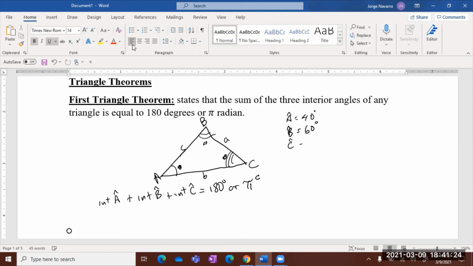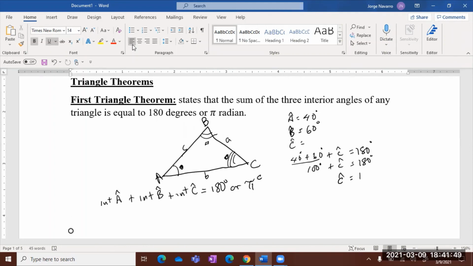Then we need to find angle C. We know that 40 plus 60 plus C has to give me 180. 40 and 60 is 100. So how much will C be? 80, sir. It will be 80 because we say 180 minus the 100 that we have. So C has to be 80. That's all it's saying.